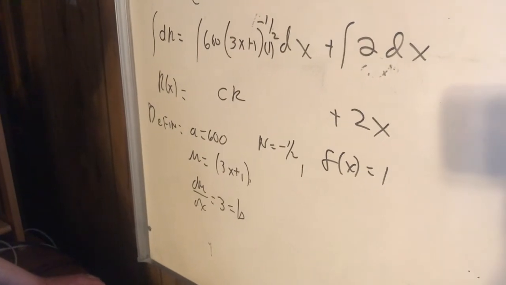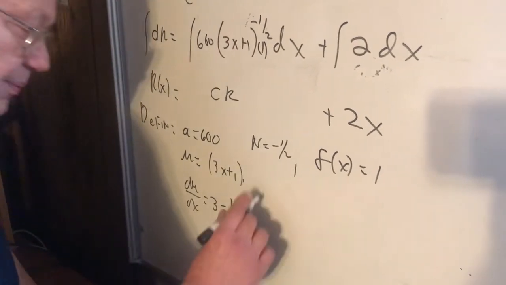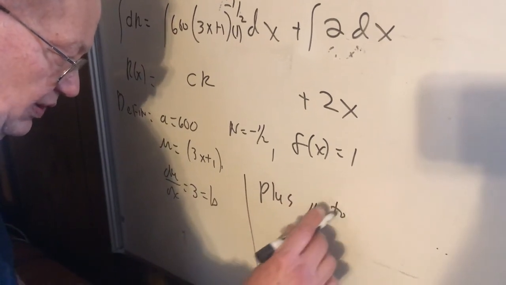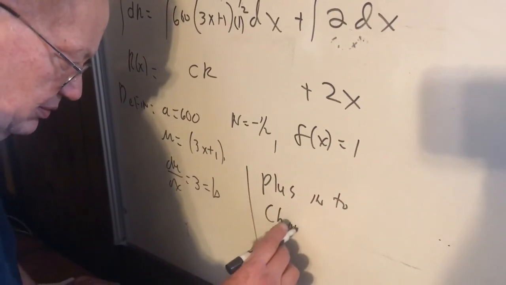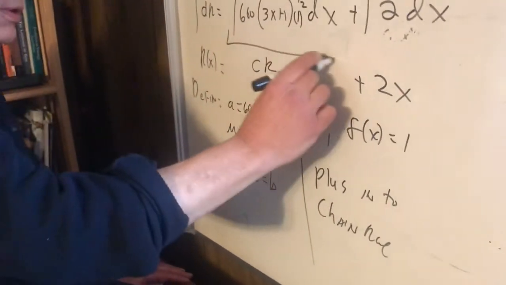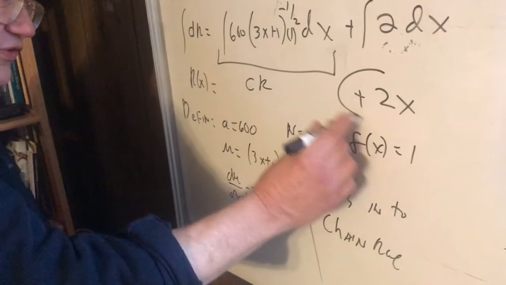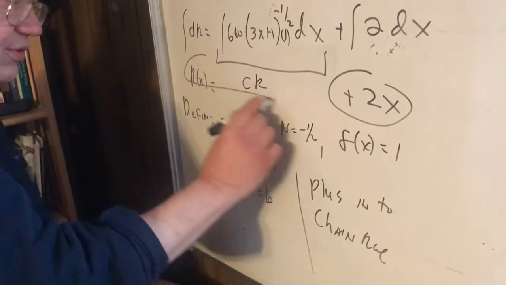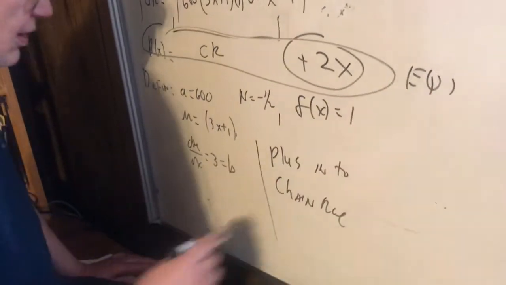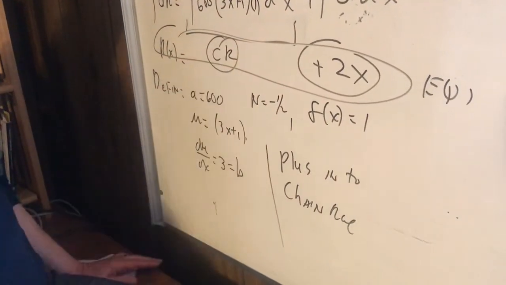So anyway, let's substitute. Now we want to plug in the chain rule, just this part. Don't forget, this stays the same. We have to carry that, so we'll call this equation 1. Right now, I'm working on the chain rule part.